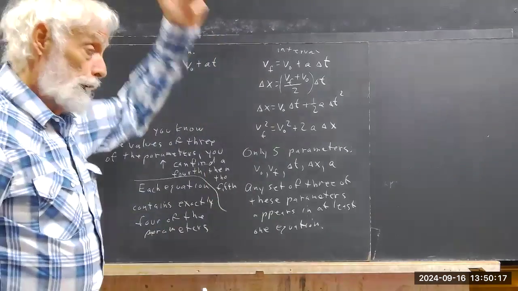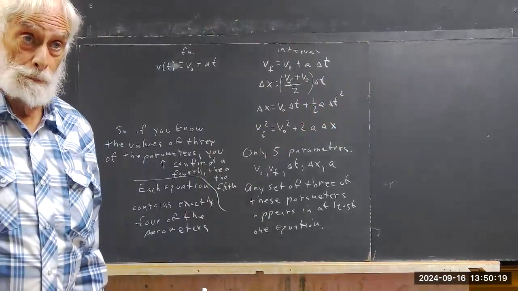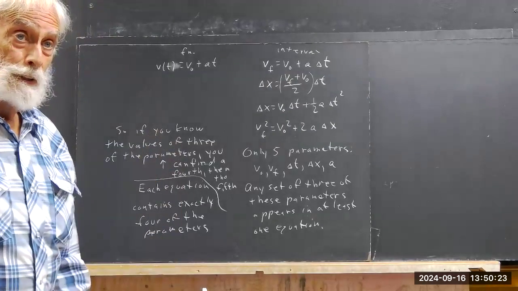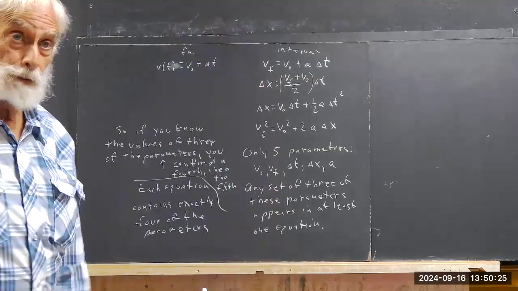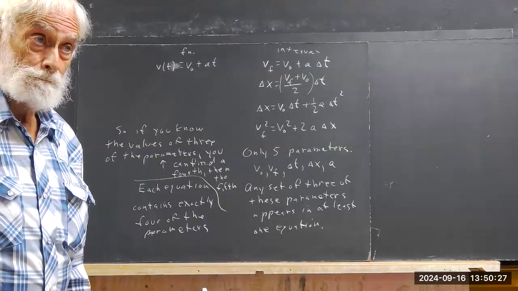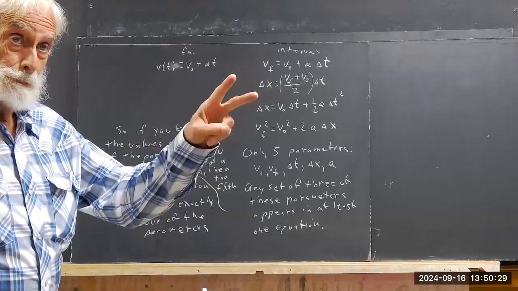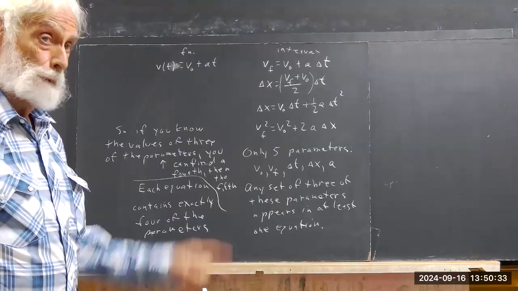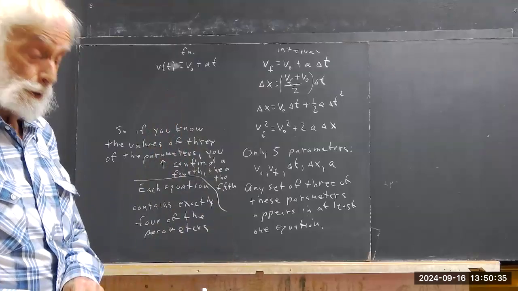Just find an equation that has those three and solve for the fourth one. And once you have the fourth, you've got all kinds of choices for the equation to find the fifth. Sometimes you've got two choices of which equation to use for the three. Sometimes there's only one choice. Okay?